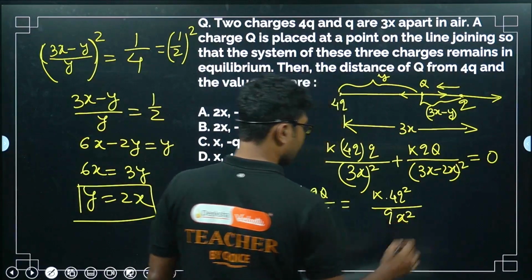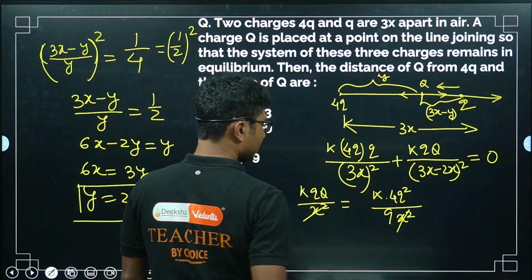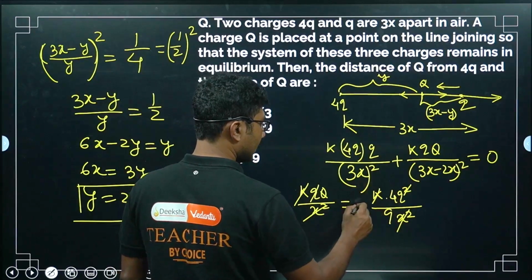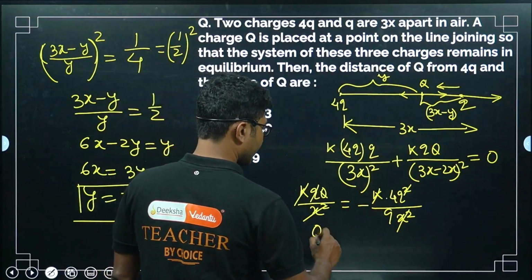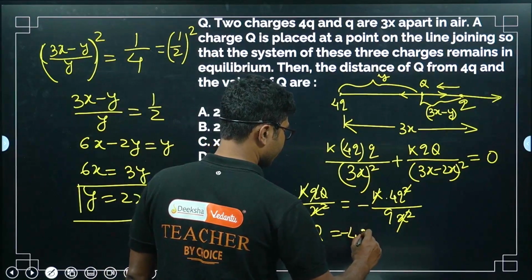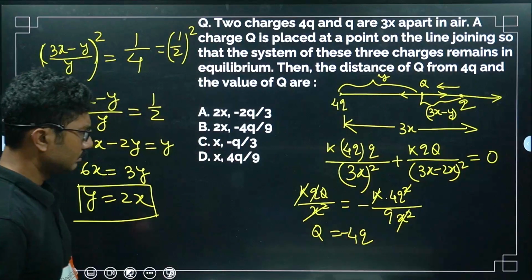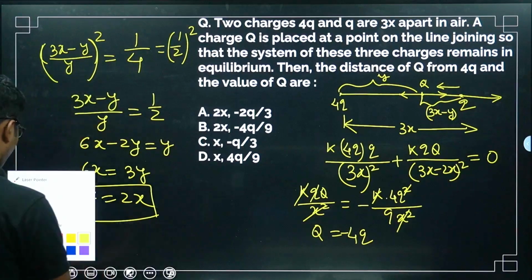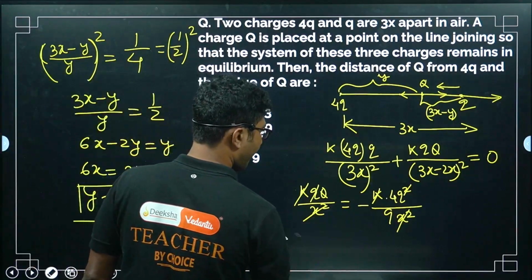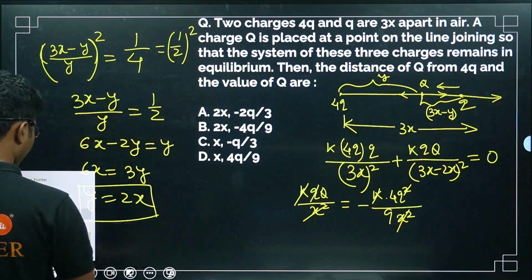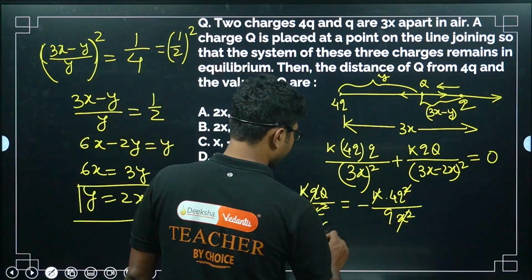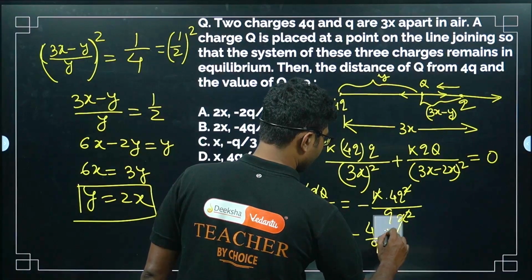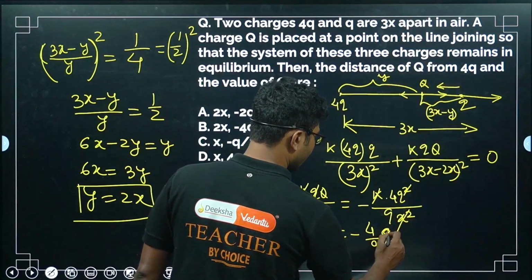So 9x square. So x square cancels. One of the q will cancel, k cancels. So capital Q is nothing but minus 4q by 9.